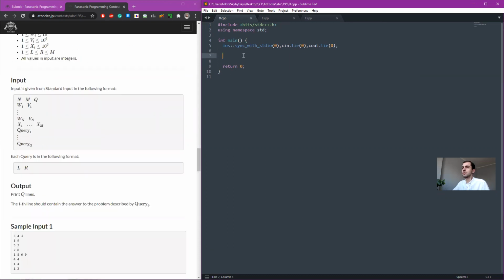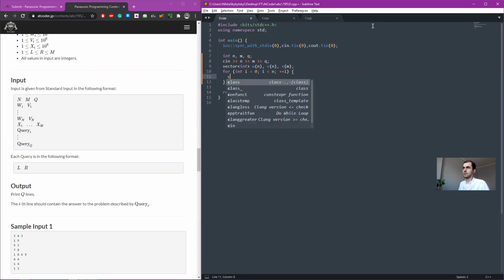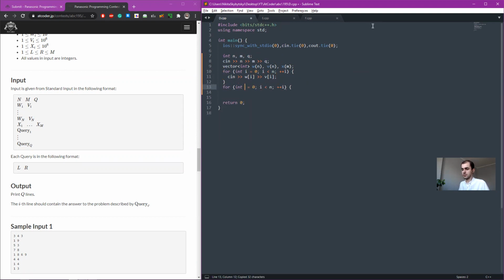I mean, we can always read the input. We would need to write this for loop either way, so that's okay.